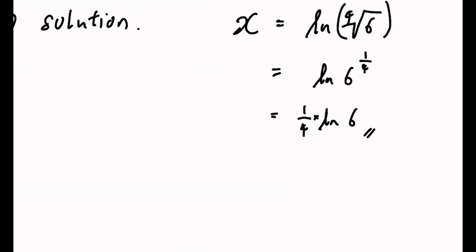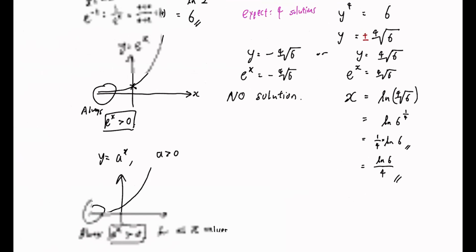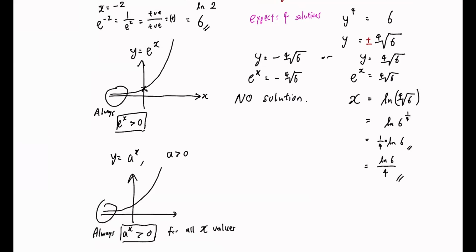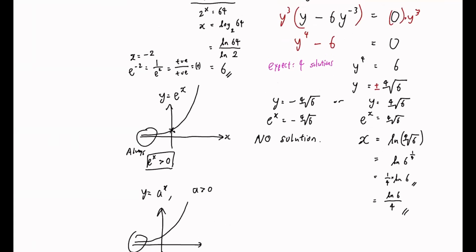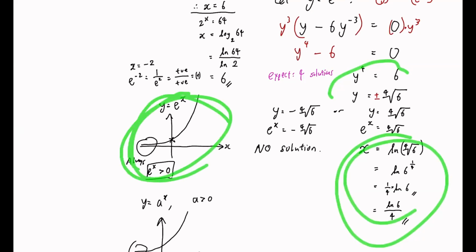Or alternatively, you can rewrite it as ln6/4. Okay. Can? Then that's it already for this question. I know there's a lot of new content that you never learned before, especially these exponents. But you're expected to be able to solve them eventually. Can?